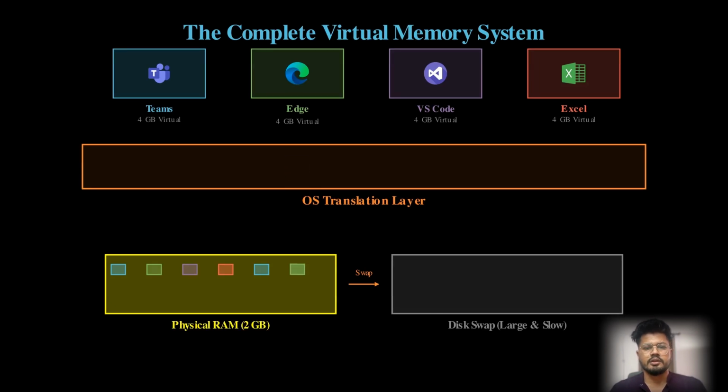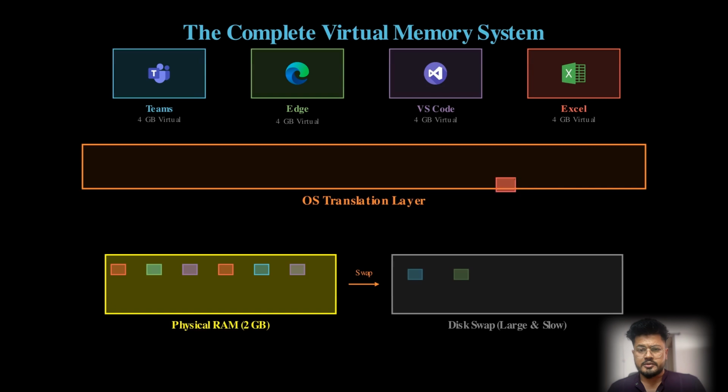All the pages continuously go into the RAM, and once the RAM is filled up, it swaps pages into the swap space. This is how the OS translation works.